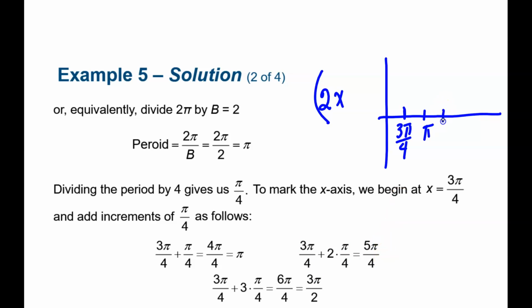So the next increment is 5 pi over 4. And then 3 pi over 4 plus 3 times pi over 4, again let's do some math and simplify, will be 3 pi over 2. And then finally, the last one is 7 pi over 4.